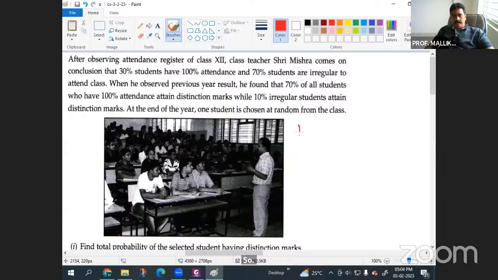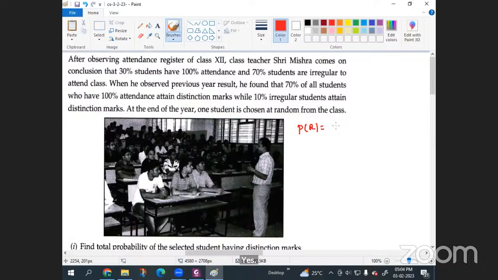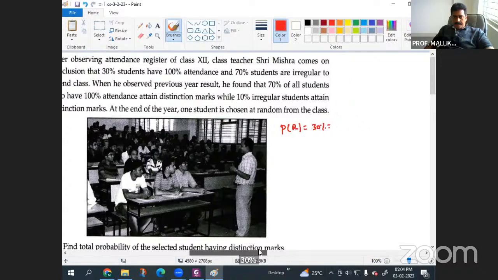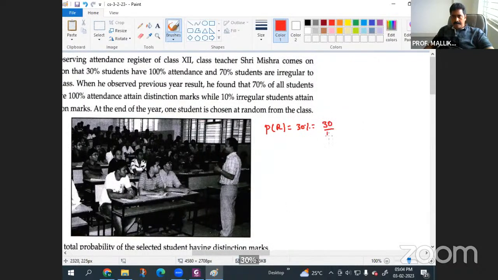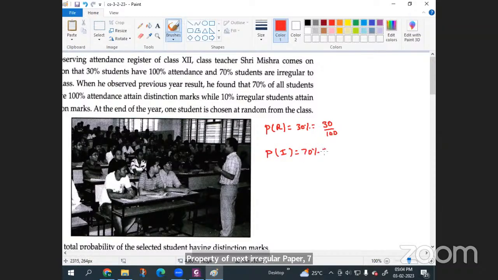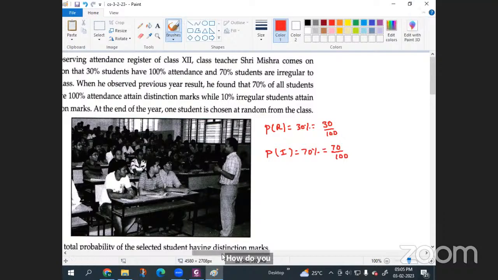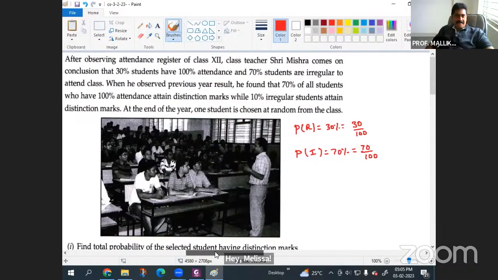Probability of regular, how many people are there? 30%, so 30 by 100. Probability of irregular people? 70%. Are you regular to the class? Regular, sir. Very good.